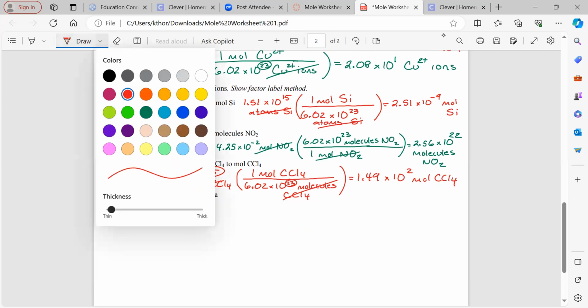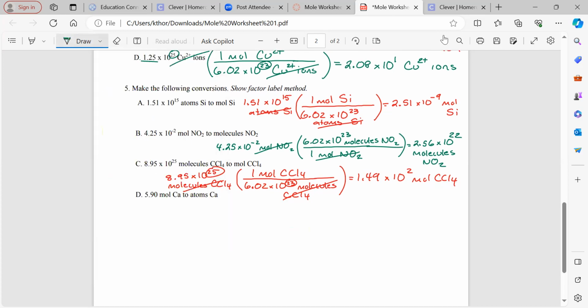Okay, finally, last one. 5.9 moles of calcium to atoms of calcium. We want to put moles on the bottom so it cancels out, and Avogadro's number on top. And then this is atoms. Moles cancels out.